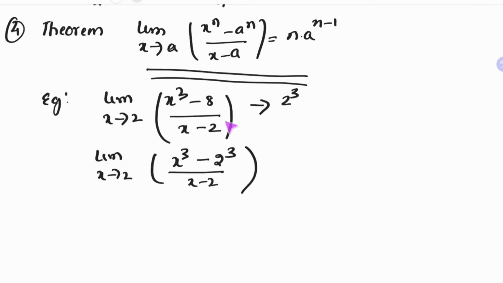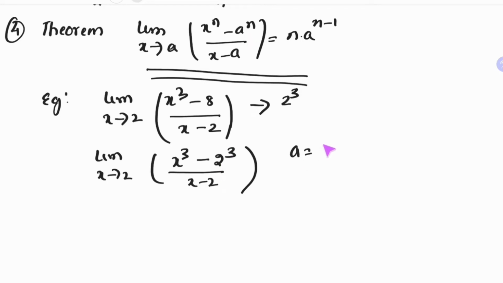Now you don't have to think a lot to find out how you write the power. Simply take the 2 in the denominator, because we have 2 in the denominator. Just represent this particular number 8 using 2. So we have used 2 cube here. Now if you look at this particular theorem and this one, isn't it similar? Here you have x, instead of a here you have 2.